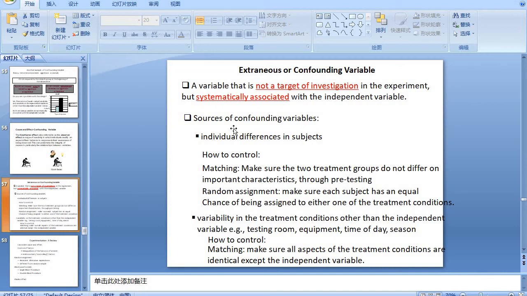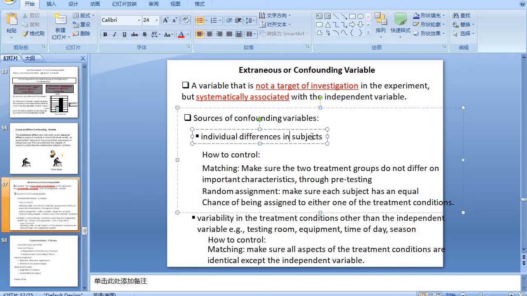And there are two sources for confounding variables. Individual differences in subjects, like the age of the subject, the age of the rats, the gender, the personality, the pre-existing differences before you conduct the experiment between the two groups. In order to control for individual differences, there are two ways. One way is random assignment.